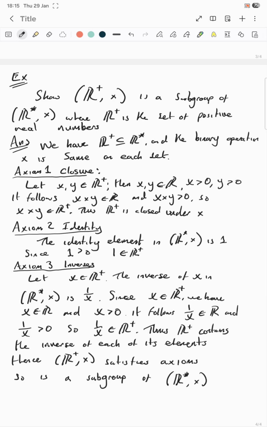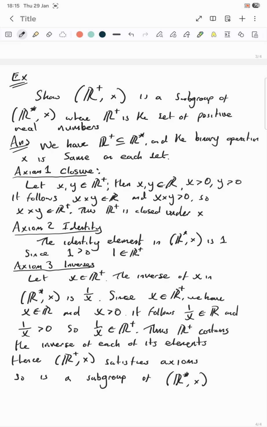Axiom 2, identity. The identity element in R star under multiplication is 1, and since 1 is greater than 0, 1 is contained in R plus. And axiom 3, inverses. Let x be contained in R plus. The inverse of x in R star under multiplication is 1 over x.